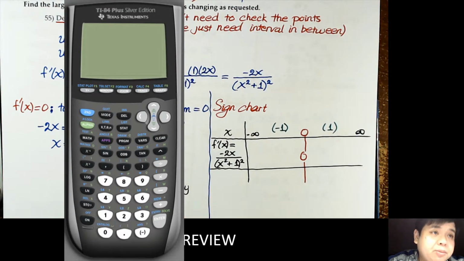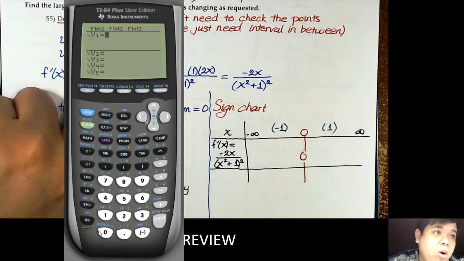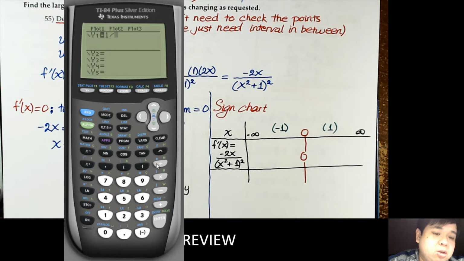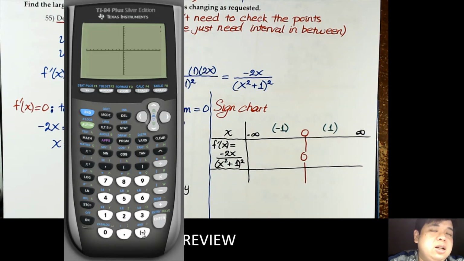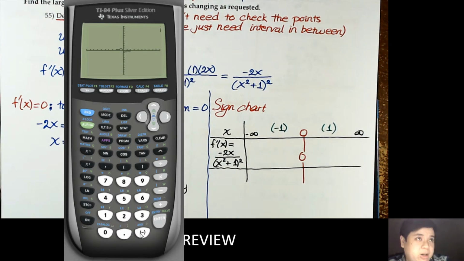Y1 equal to the derivative, remember, so it will be negative 2x divided by (x squared plus 1), and we square. Right, second trace and evaluate at negative 1 and 1.